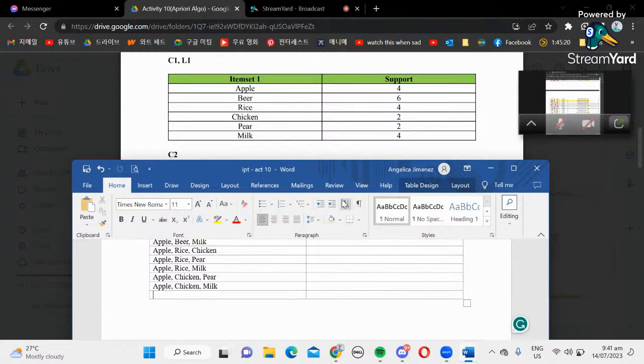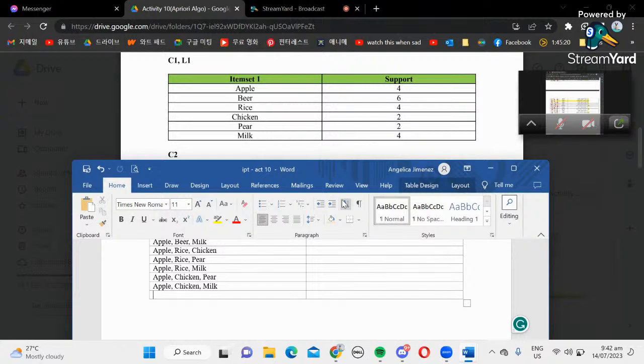And if we are going to buy rice and chicken, then we are going to buy beer. Then if we are going to buy chicken, then we are going to buy beer and rice. Then next, if we are going to buy rice, then we are going to buy chicken and beer. And if we are going to buy beer, then we are going to buy chicken and rice. Then if we are going to buy rice and milk, then we are going to buy beer. Then last, if we are going to buy rice, then we are going to buy milk and beer. Yun lang po.